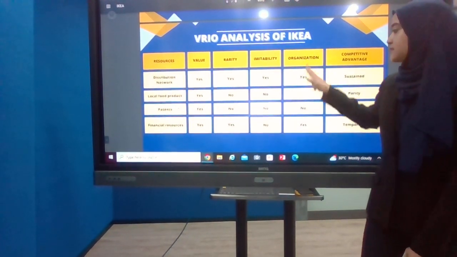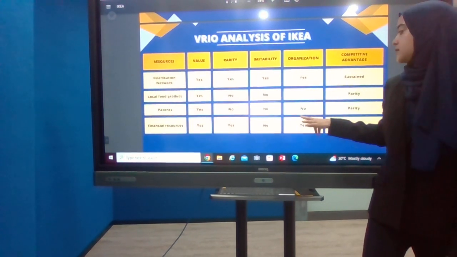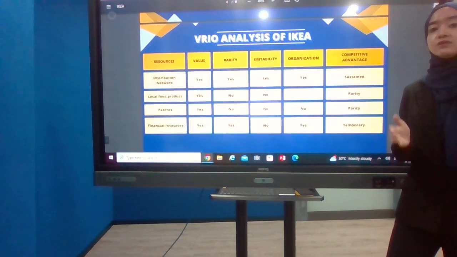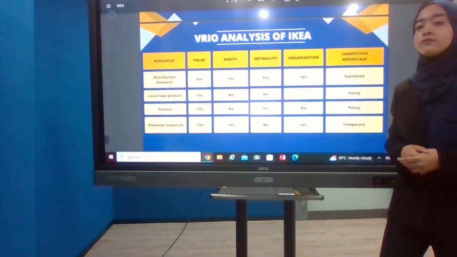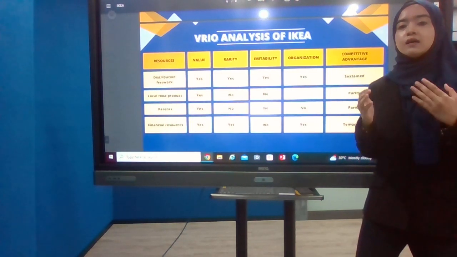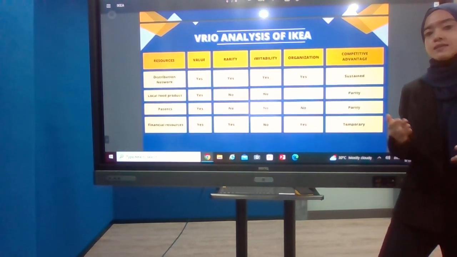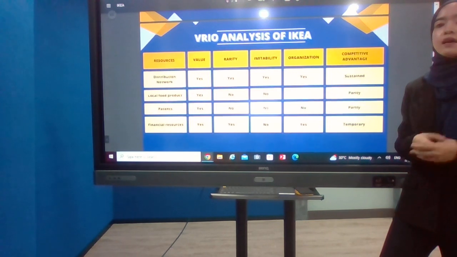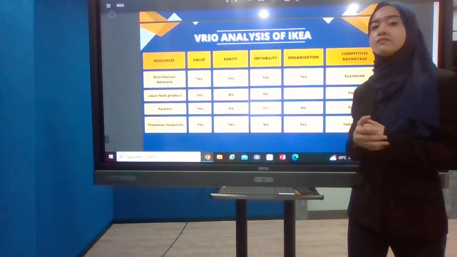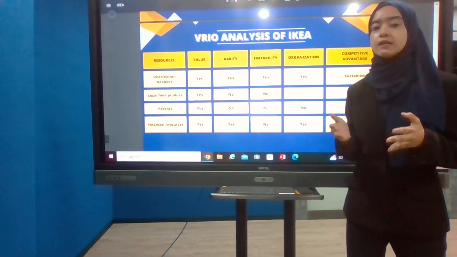Next, we go to the organization, which is yes, because the financial resources of IKEA are organized to capture the value as identified by the VRIO analysis of IKEA. And these resources are used strategically to invest in the right places, making use of opportunities and fighting the threats. Therefore, these resources prove to be a source of sustained competitive advantage for IKEA.